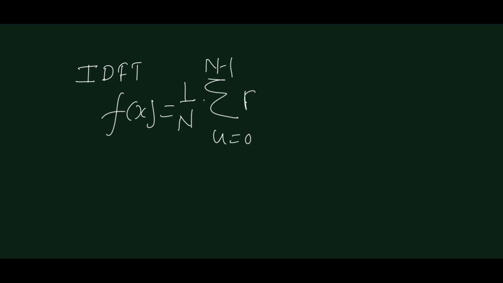So the IDFT equation: f of x equals summation, and prior to that we have the multiplication term 1 by n, which you are already aware of, u from 0 to n minus 1, f of u, this is the frequency, and e raised to plus j 2 pi ux by capital N.